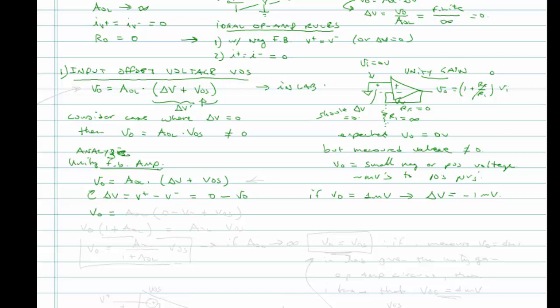We'll have VO is equal to AOL times 0 minus VO plus VOS. Then we'll collect our VOs, so we'll have VO times the quantity 1 plus AOL is equal to AOL times VOS. And finally, we can write VO as AOL over 1 plus AOL times VOS.